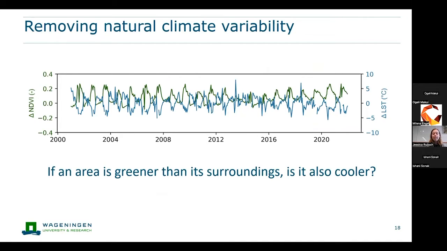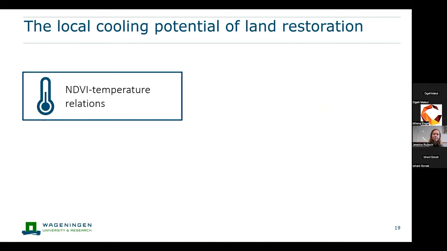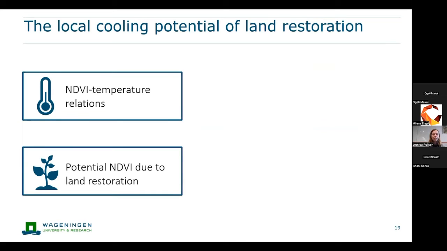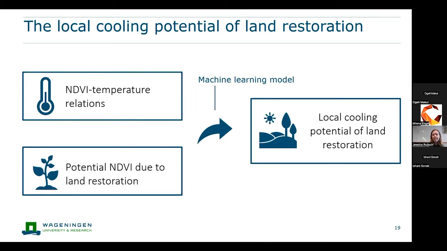And then we can say if an area is greener than its surroundings, will it also be cooler than its surroundings? So we use these NDVI temperature relationships together with a map of potential vegetation due to land restoration to predict the local cooling potential of land restoration. And we did this with a machine learning model, so a random forest model.